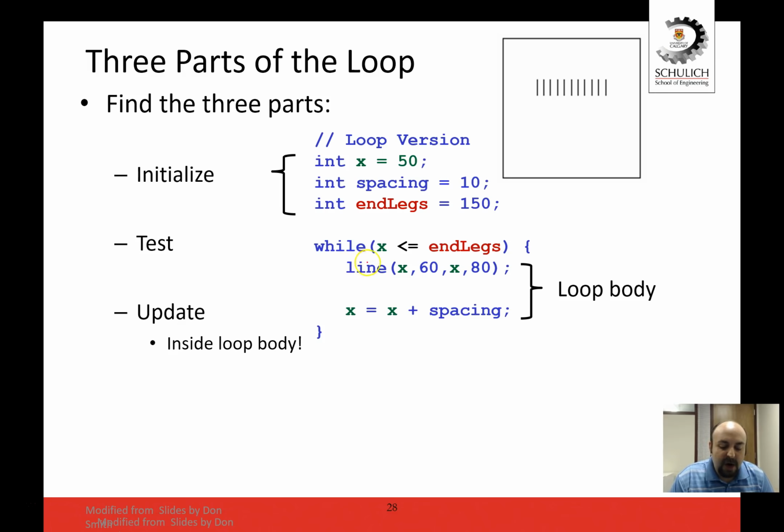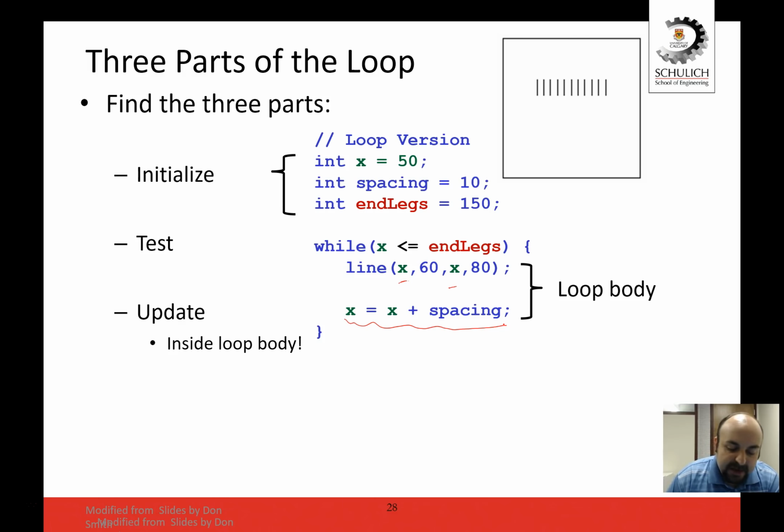You're saying while x is less than or equal to 150, you draw this line where x is the x coordinate of the 2 points of one line, and then you update. This is your updating condition, and this will draw 11 lines for you.